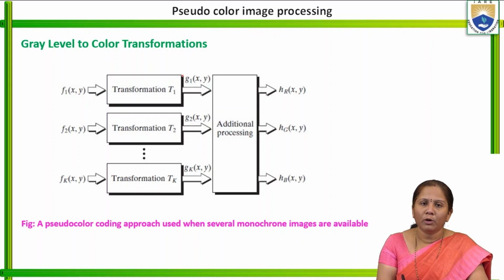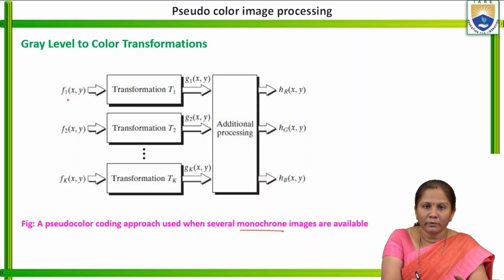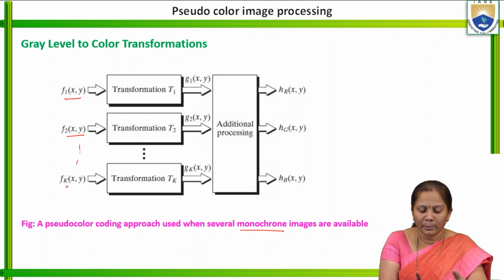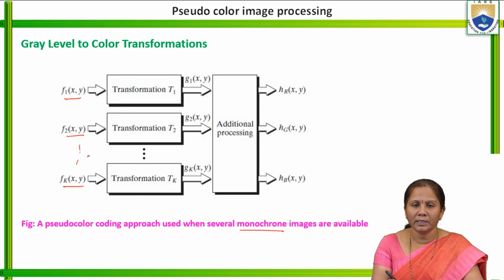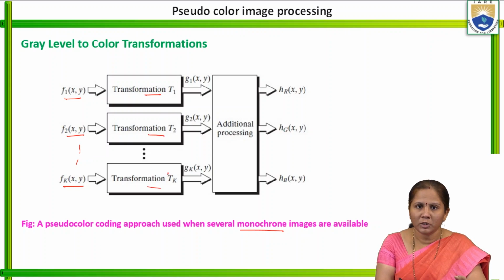Now this is the block diagram which represents how to do pseudo color image processing when several monochrome images are available. Here different grayscale images are there: f1 of x comma y, f2 of x comma y, and so on up to fk of x comma y. All these are different grayscale images, and transformations are applied individually to each of them.